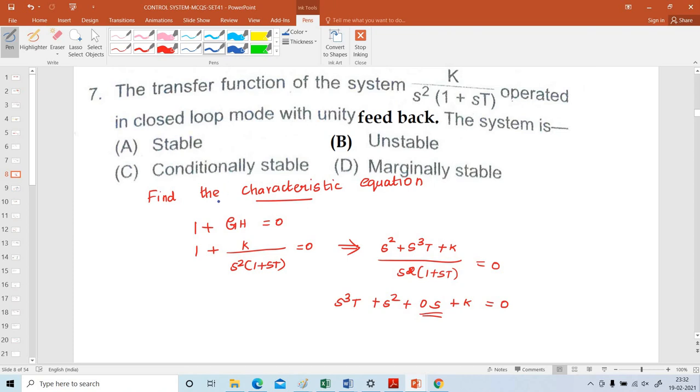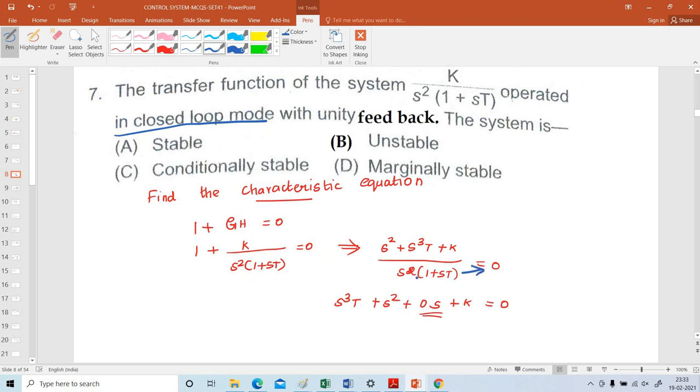The system is. So first of all, I am going to find out the characteristic equation because this is in a closed loop mode. So 1 plus GH equal to 0, 1 plus K divided by S square into 1 plus ST equal to 0. So S square into 1 plus ST plus K divided by S square into 1 plus T equal to 0.